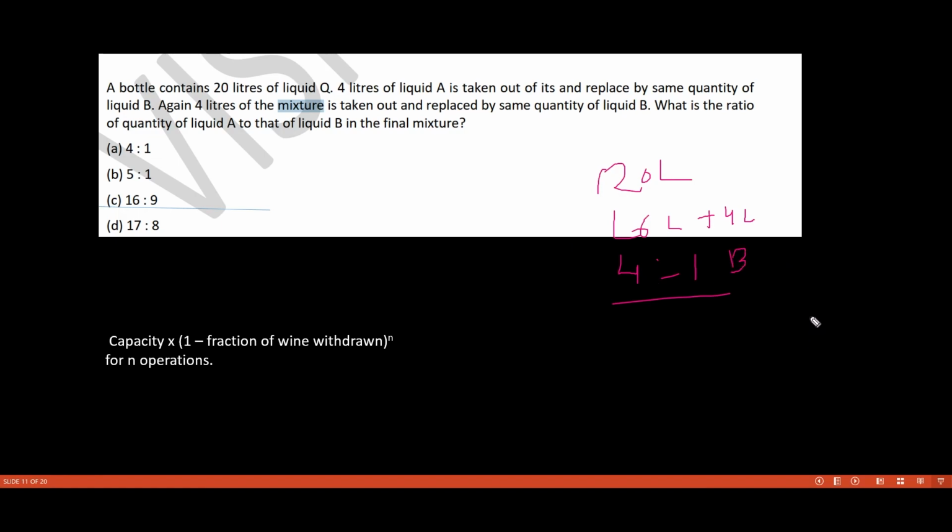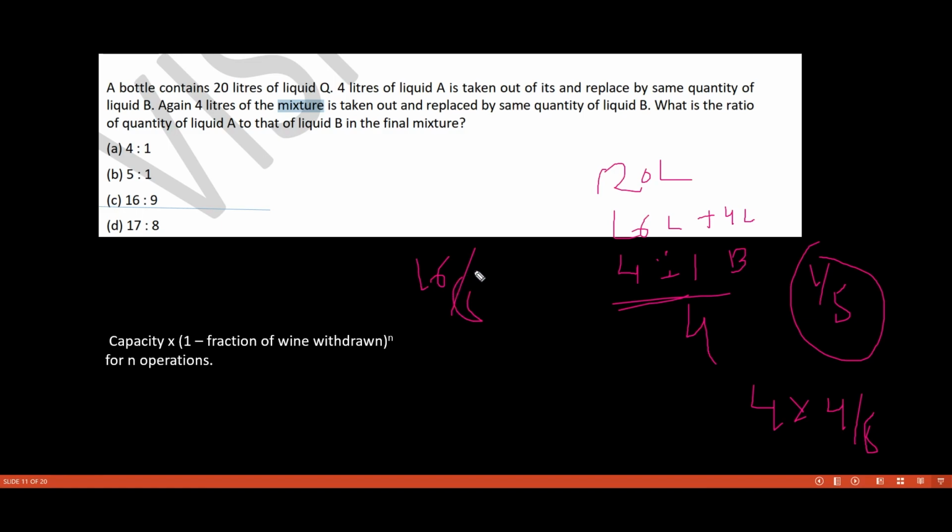So when you are taking out 4 liters, you have 1/5 of liquid B and 4/5 of liquid A. So that is 16/5, which is 3.2 liters of liquid A, and you have 0.8 liters of liquid B in the 4 liters that is being replaced.